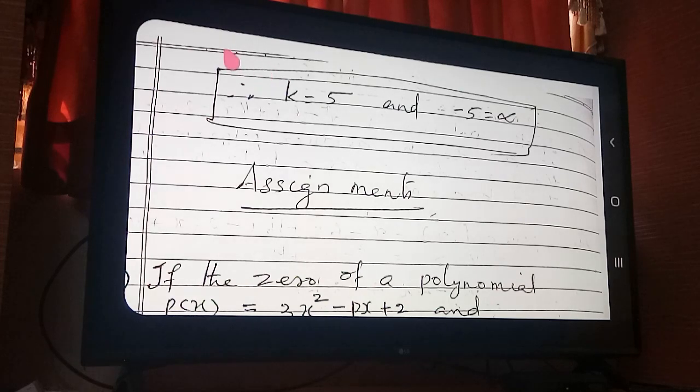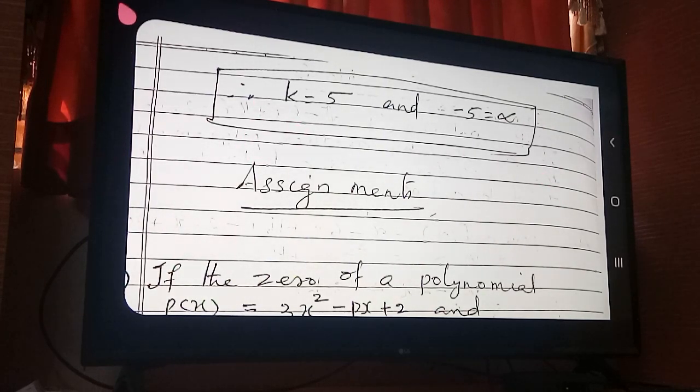Second point, standard form of quadratic polynomial, ax square plus bx plus c, where a not equal to 0, a, b, c are real constants. Clear? And standard form of cubic polynomial is ax cube plus bx square plus cx plus d, where a not equal to 0, a, b, c, d are real constants.